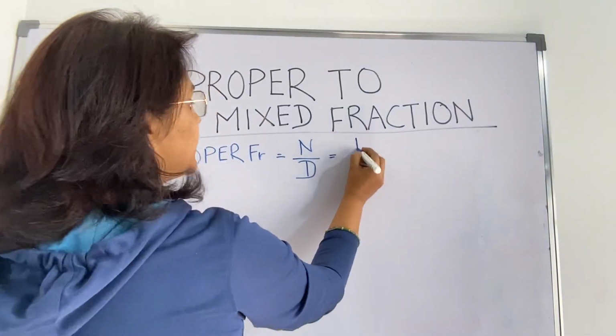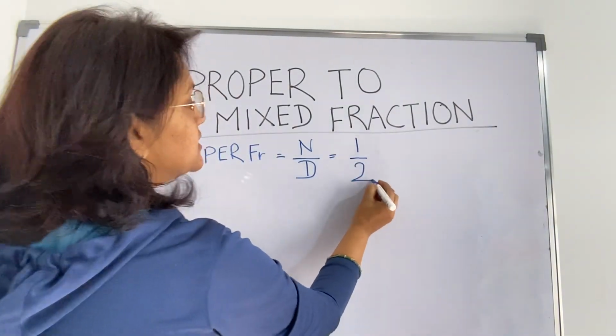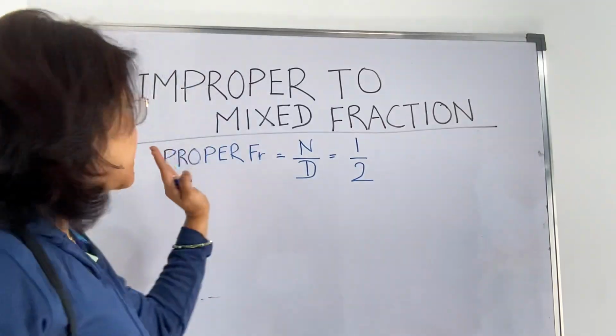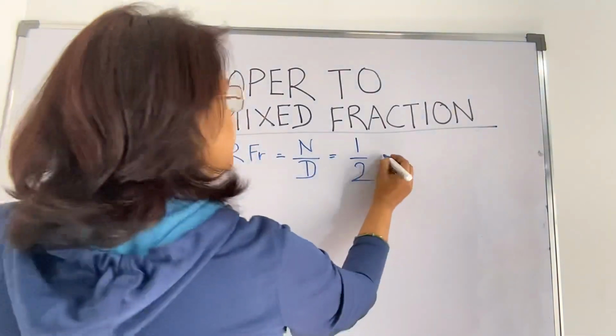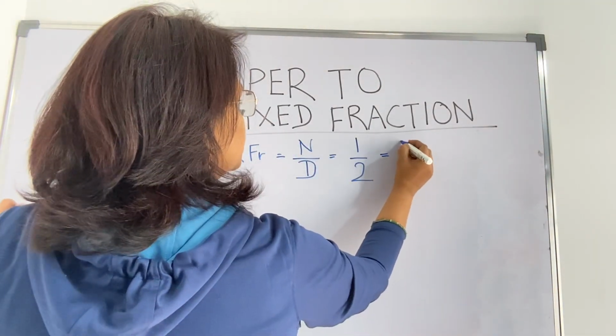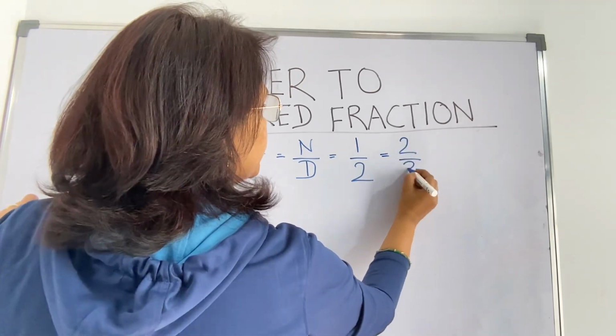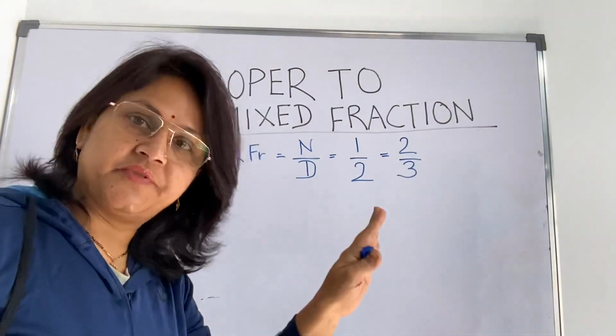Suppose we write 1 by 2, this is clearly a proper fraction. Or 2 by 3, this is a proper fraction.